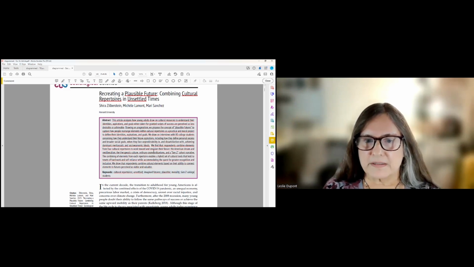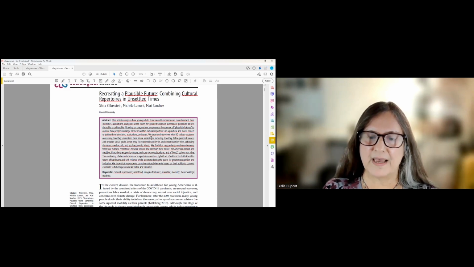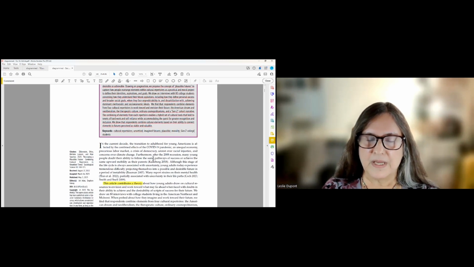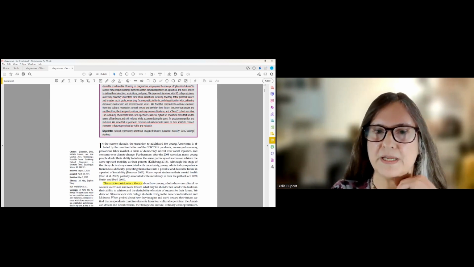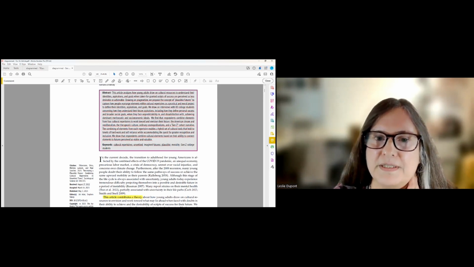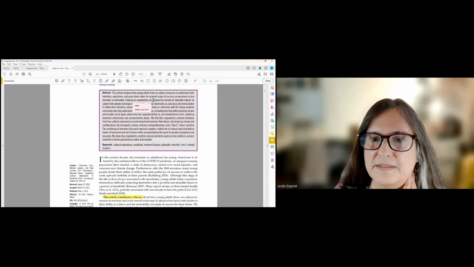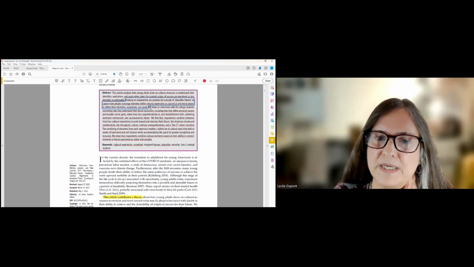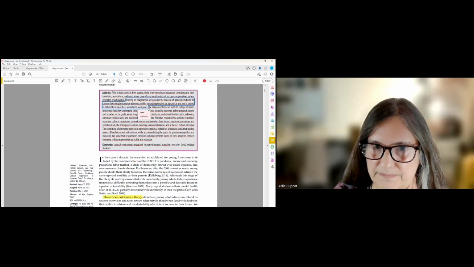The abstract, where is the purpose statement within that abstract? So see if you can locate a purpose statement. When I was looking at it, I was seeing this as their purpose statement. And in this case, what they're doing is stating an argument.